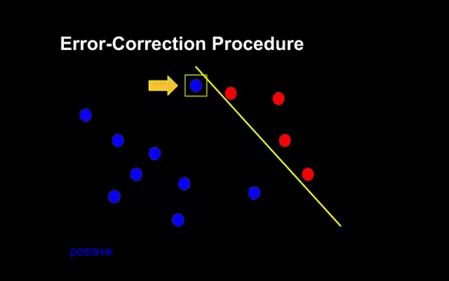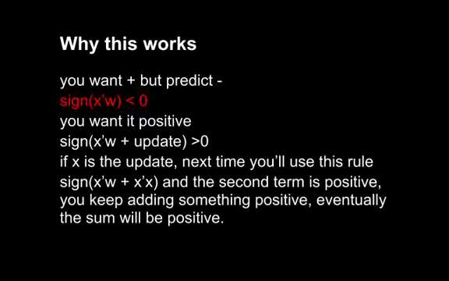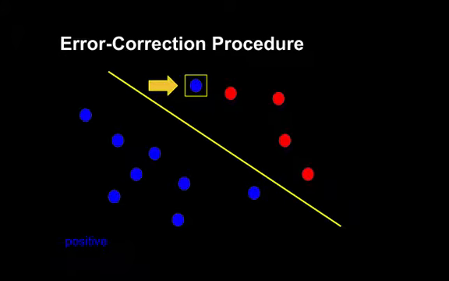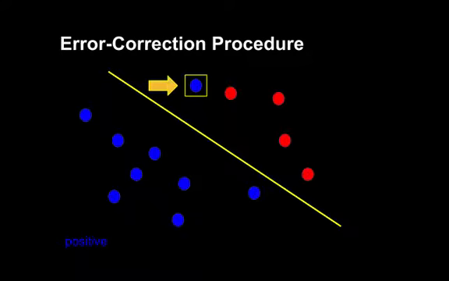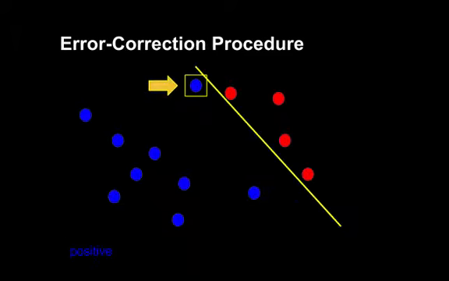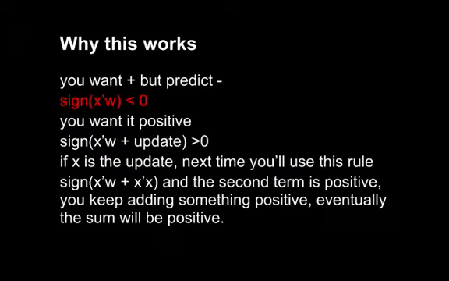The way we do that, because these things are defined as vectors, we can just add them in. So let me walk you through that. We want to be on the positive side of the line, but we predicted negative. So it came up to the right instead of to the left of our boundary. So we need to move the boundary, which we do by moving the weight vector, which we do by adding or subtracting something to the weight vector. So what are we going to add to it? What happened was when we saw that data point x, our sign was negative.